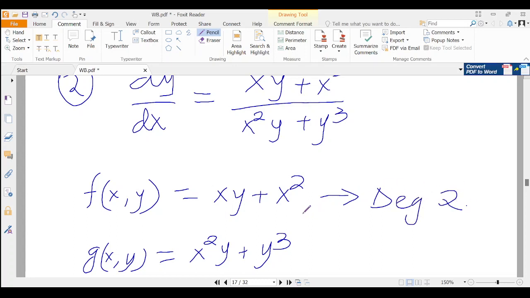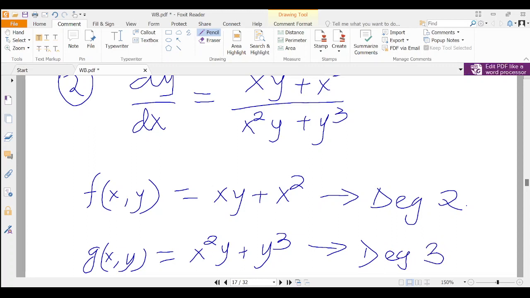If you look at the function g, the first term is x squared times y, so the power of x is 2, the power of y is 1. If you add, you get 3. The second term is of degree 3. So this one again is homogeneous, but this one is of degree 3.